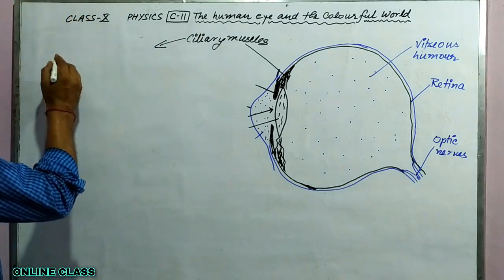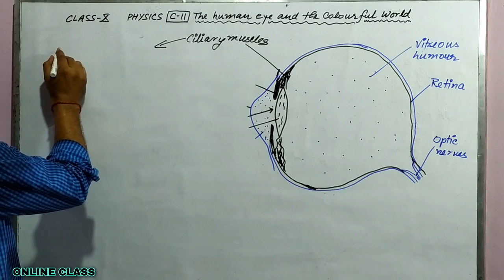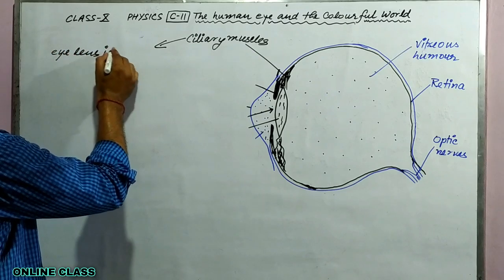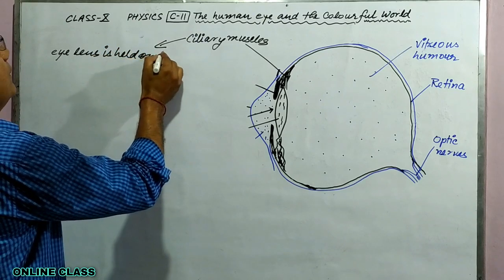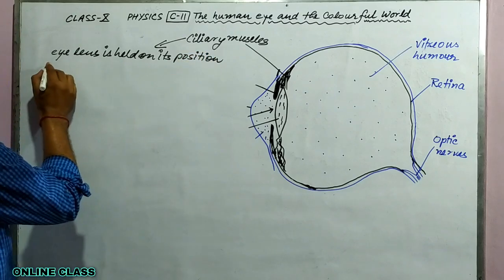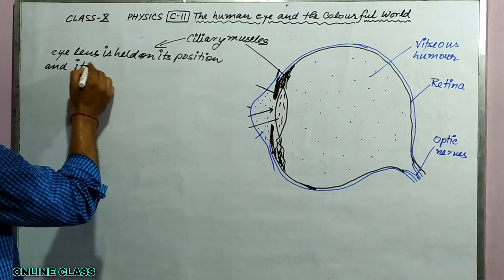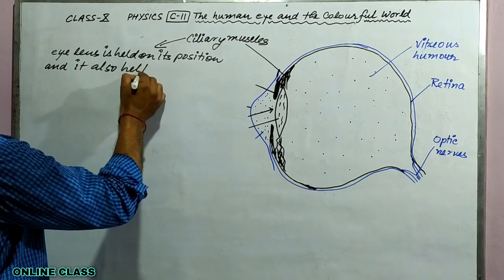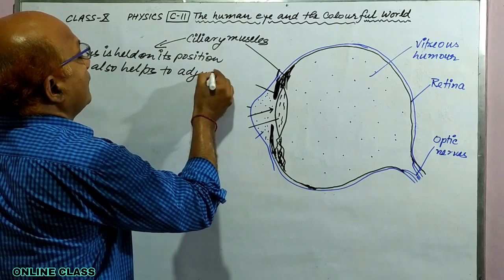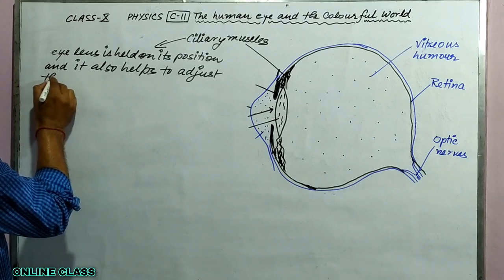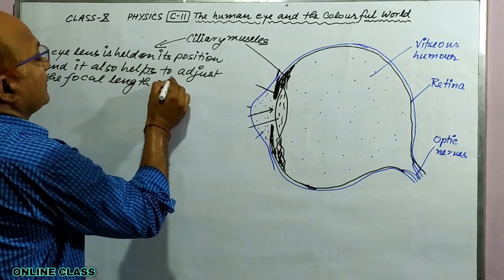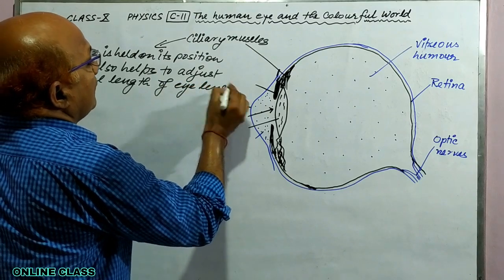So, with the help of ciliary muscle, eye lens is held on its position and it also helps to adjust the focal length of eye lens. Okay.